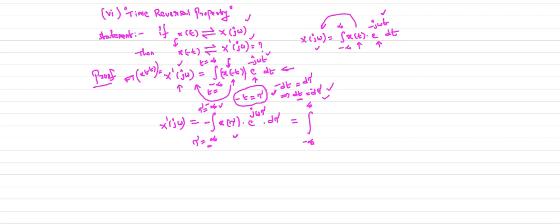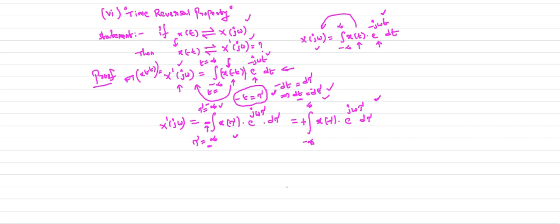I just use this minus and interchange the limits so that I get a plus sign: minus infinity to plus infinity, x of tau e power j omega tau d tau. But this is not the actual formula. In the actual formula we have e power minus j omega tau.